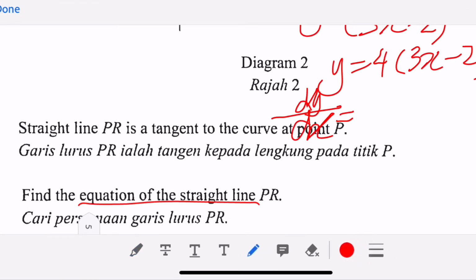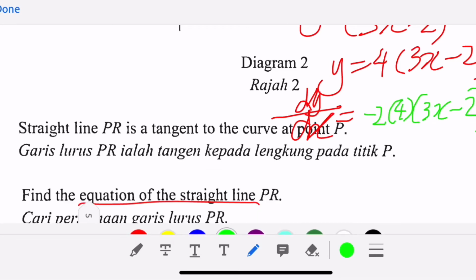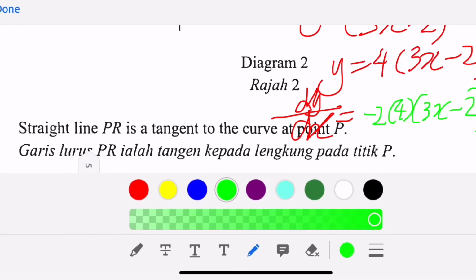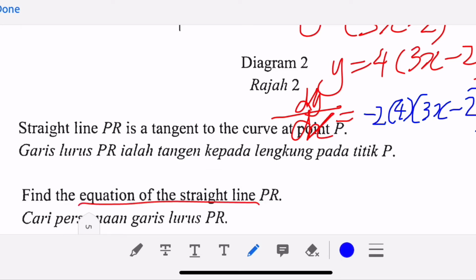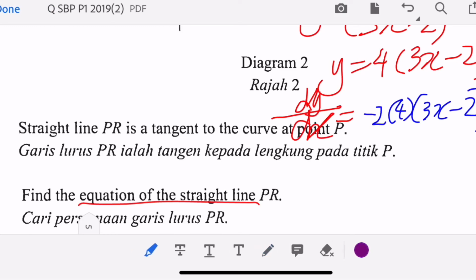So negative 2 times 4, then you just copy everything, (3x minus 2), then the power negative 2 minus 1. Be very careful, when we do differentiation, the power always decreases by one.